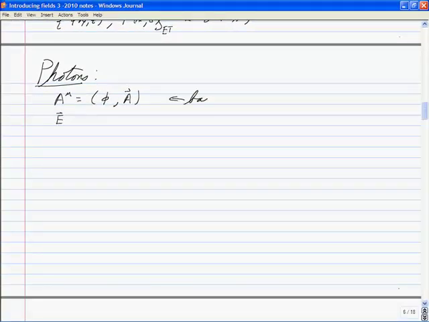So these are the basic guys. Those are the things that enter the Lagrangian. The E and B fields are derived fields: E is minus del phi minus d by dt of A, and B is del cross A. So these guys are derived.